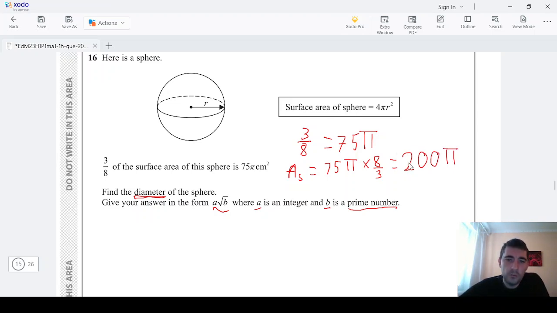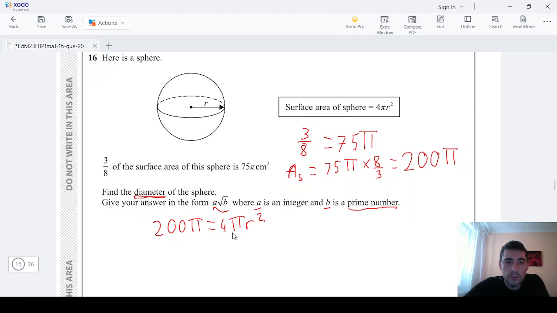Okay, once we get that, we just plug it into the formula, so we get that 200 pi, which is the full surface area, should be worked out by 4 pi r squared. So there's one unknown, which is the radius.